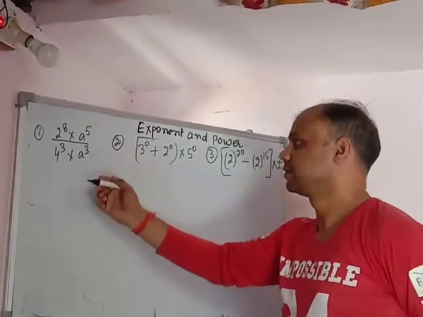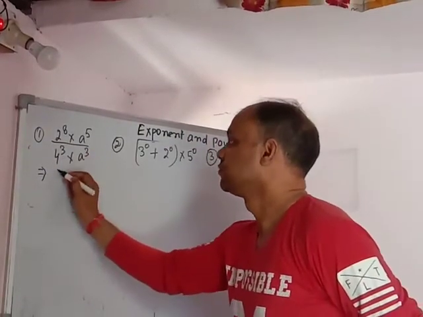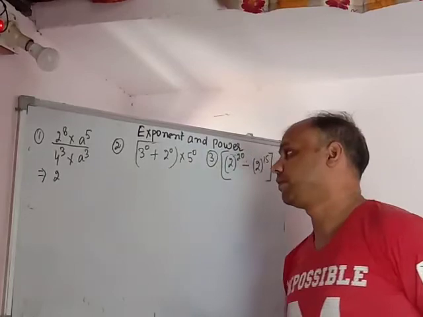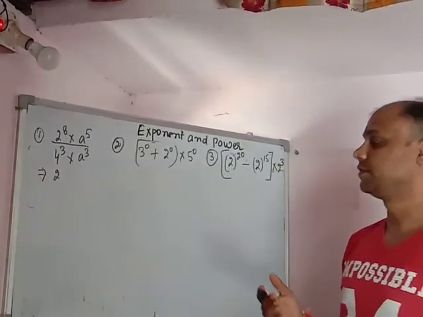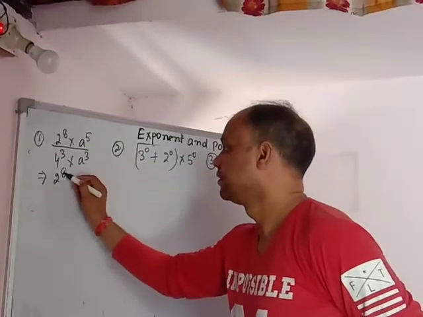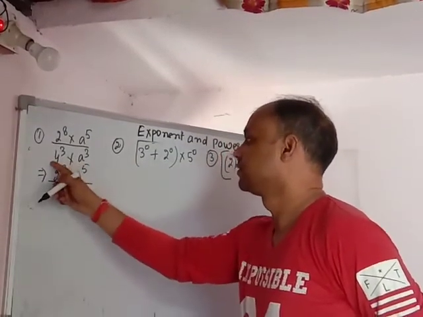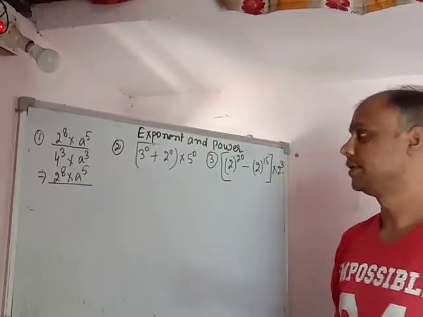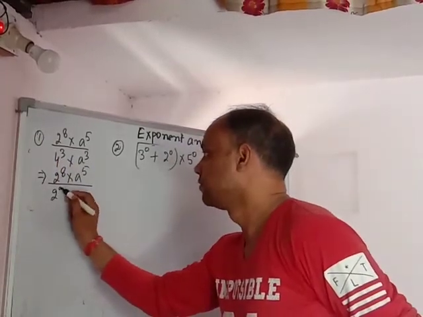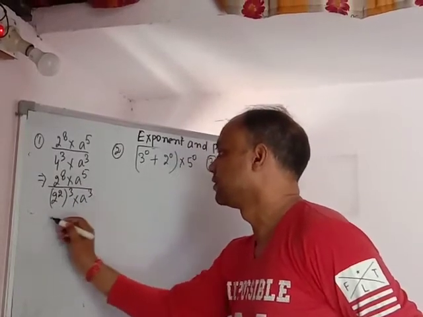Now see how I am going to solve this numerical. We have to first of all break these expressions into exponential form. 2 raised to the power 8 into a raised to the power 5 upon this 4 can be written as 2 raised to the power 2 whole raised to the power 3 into a raised to the power 3.